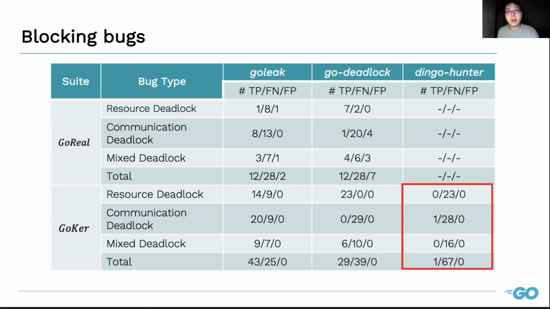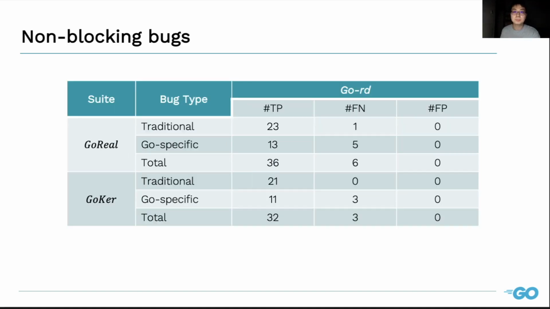On the bottom right side of the table, Dingo Hunter only reports one channel-based communication deadlock. This is because Dingo Hunter needs more engineering effort and does not have the ability to detect lock-based deadlock.